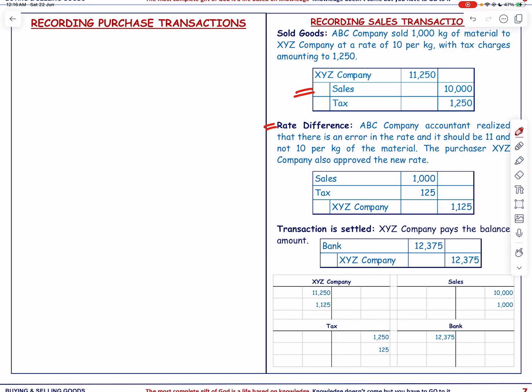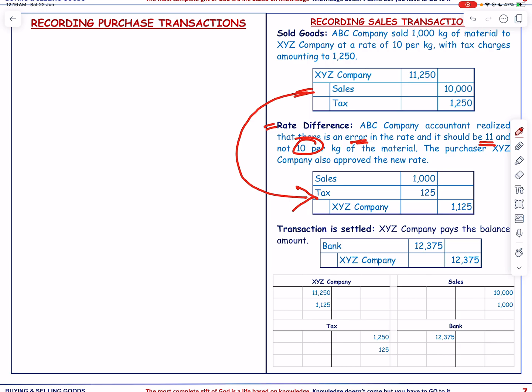You can see ABC company accountant realized that there is an error in the rate and it should be 11 and not 10 per kg. So in such instances, the rectification entry would mirror the initial journal entry. You can see we are not reversing, it is simply a mirror image with a change in the values over here.